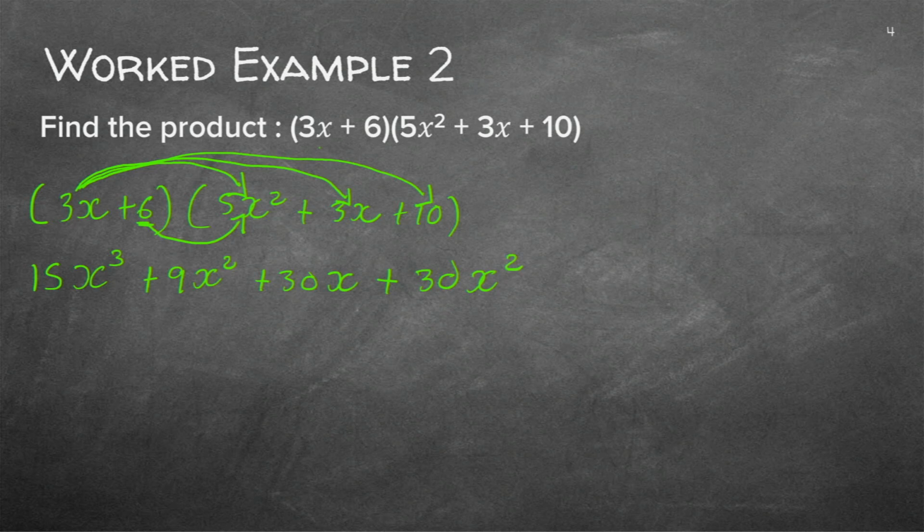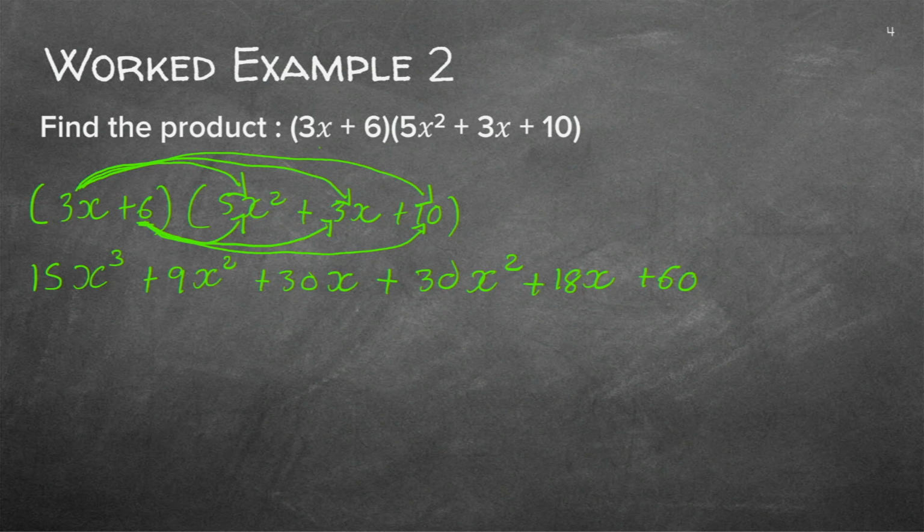And multiplying the 6 again with 3x. So if you multiply 6 and 3, you're going to find yourself with 18, and it should be 18x. And lastly, you're multiplying 6 with the last term, which is 6 multiplied by 10, which gives you 60.